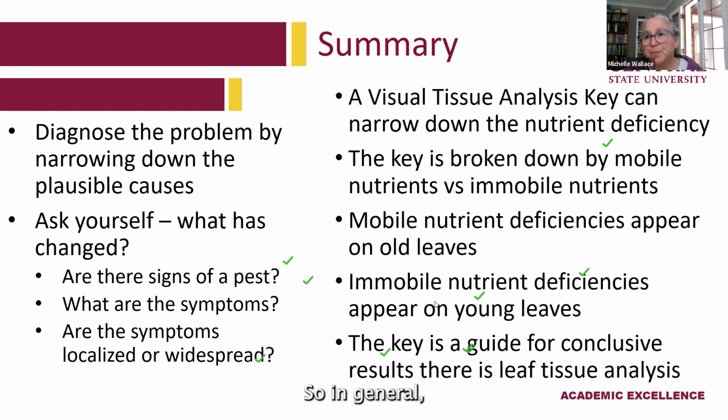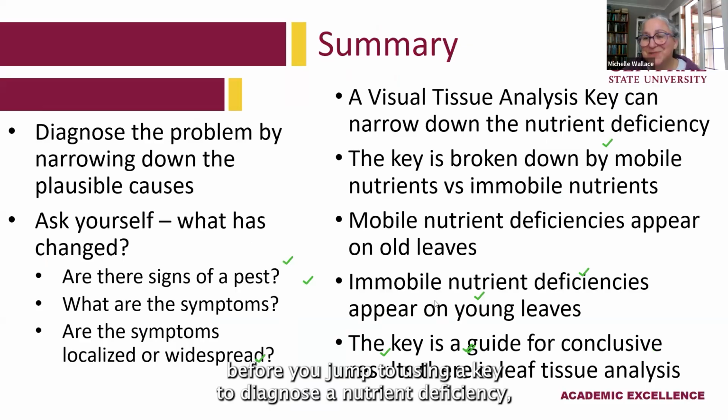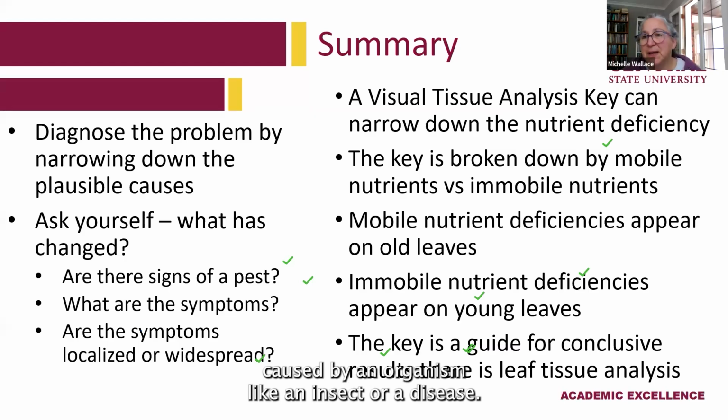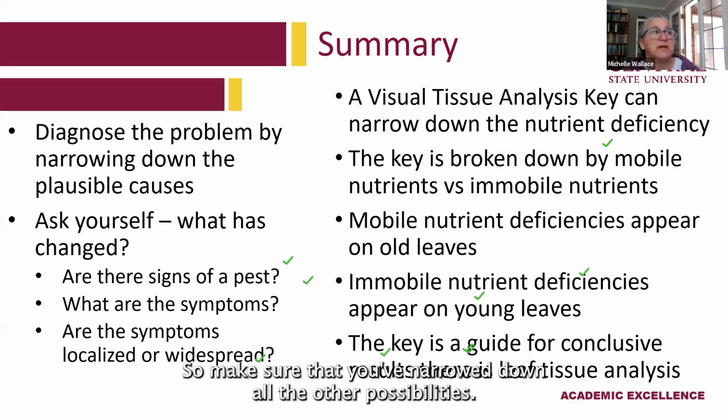So in general, before you jump to using a key to diagnose a nutrient deficiency, make sure that your problem isn't caused by an organism like an insect or a disease. Make sure that you've narrowed down all the other possibilities.